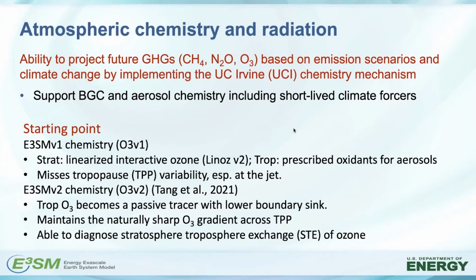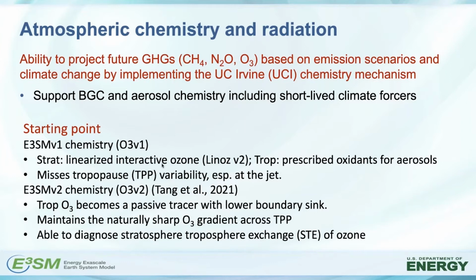What we start from is the E3SM V1 chemistry, which we call ozone V1. In the stratosphere, we have linearized interactive ozone, Linoz version 2, and the tropospheric chemistry is prescribed oxidants for aerosols. A major weakness of ozone V1 is that it misses the tropopause variability, especially at the jet regions.